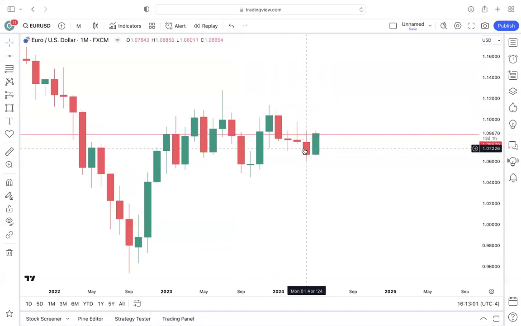And they're just going to do that. Okay. That is the current market condition we're in when it comes to euro and the dollar index.